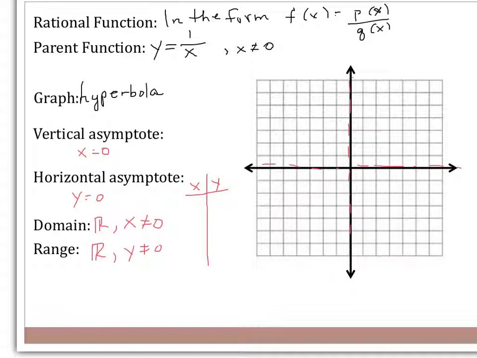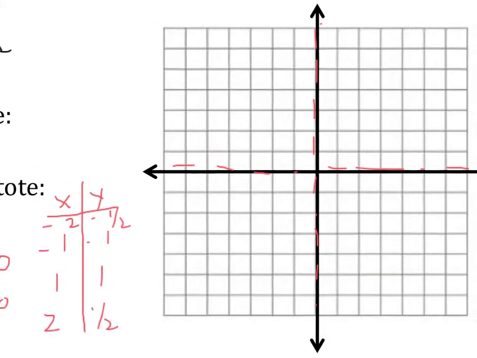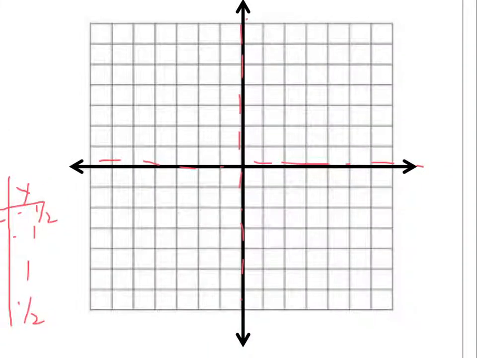If I pick 1, I get 1. If I pick -1, I get -1. If I put in 2, I get 1/2, and if I put in -2, I get -1/2. And so we're going to graph these, and I'm going to blow this graph up so we can see it better.